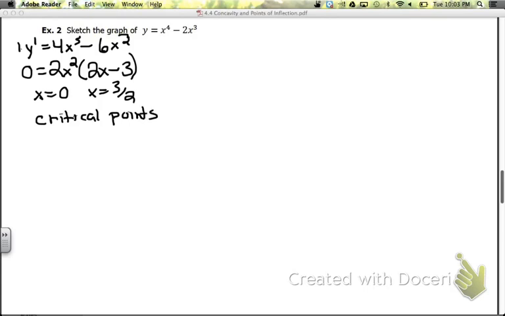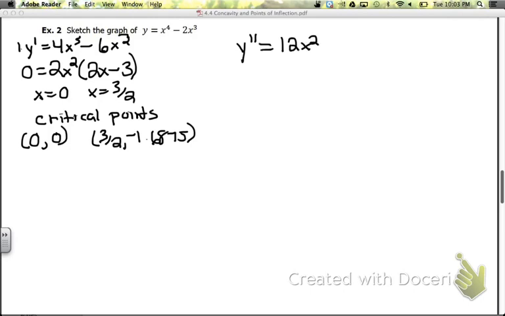And the values at our critical points: when we sub in 0 into our function, we get 0. And if you sub in 3/2, you're going to get -1.6875. So these are our critical points that we know already. Now looking at our second derivative, this will be equal to 12x squared minus 12x.